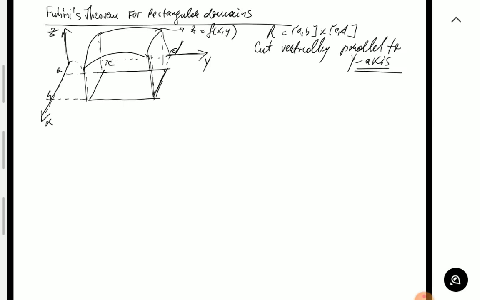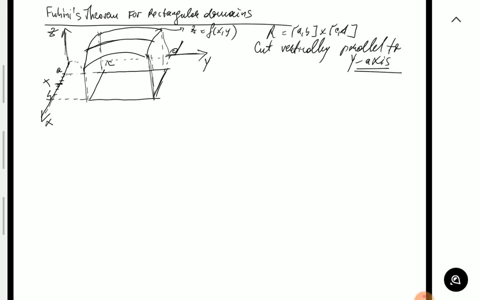Notice that slices parallel to the y-axis are related to a partition over the x domain. For a given x between a and b, if we keep it constant, the shape of each particular slice looks like this.